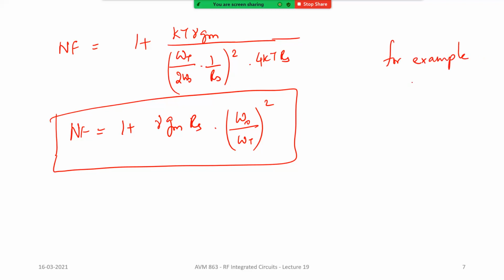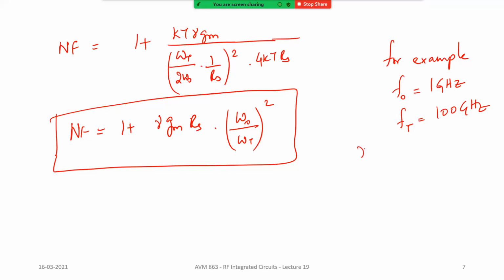Omega naught by omega t can also be written as F naught by Ft, right? Let's say your operation frequency is 1 gigahertz, and the Ft of your device is, let's say, 100 gigahertz. I mentioned that you can optimize the Ft to be around 150, 160 gigahertz in a technology node like 65 nanometer. Let's say, for example, we are just taking 100 gigahertz.